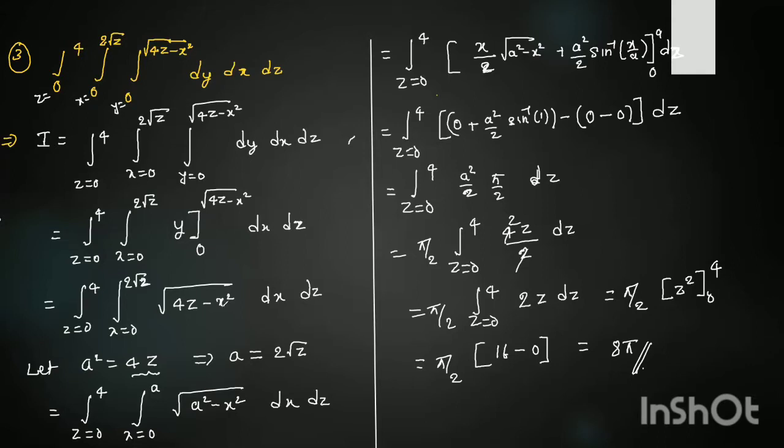Ashutosh, see, sir, whenever we get the square root of 4z minus x square, we need to remember the standard formulas of integration. If you remember those formulas, then only you will understand what substitution to take. If you don't remember those formulas, obviously you don't understand why we have to take a square. Yesterday I had given a formula for square root of a square minus x square.